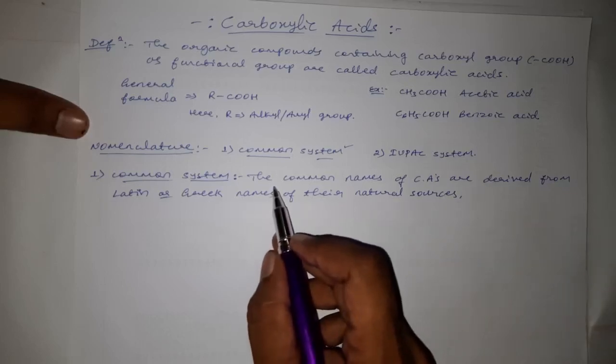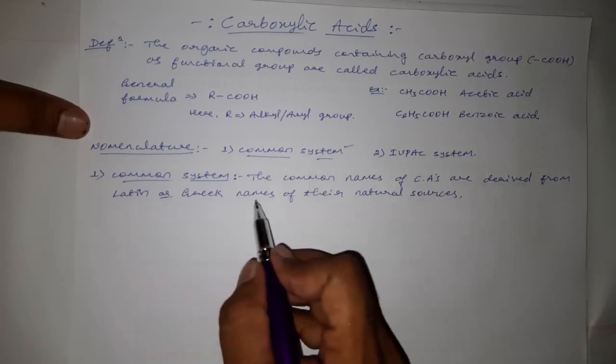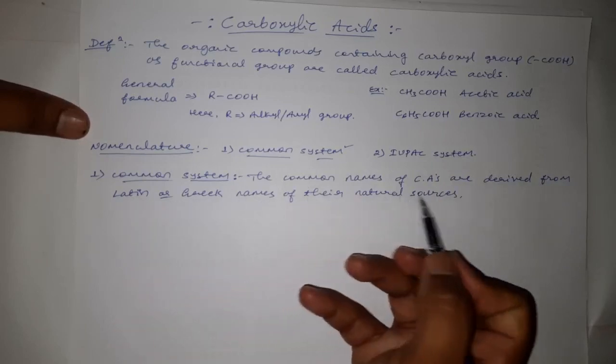What I am writing here, the common names of carboxylic acids can be derived from the Latin or Greek names of their natural sources.